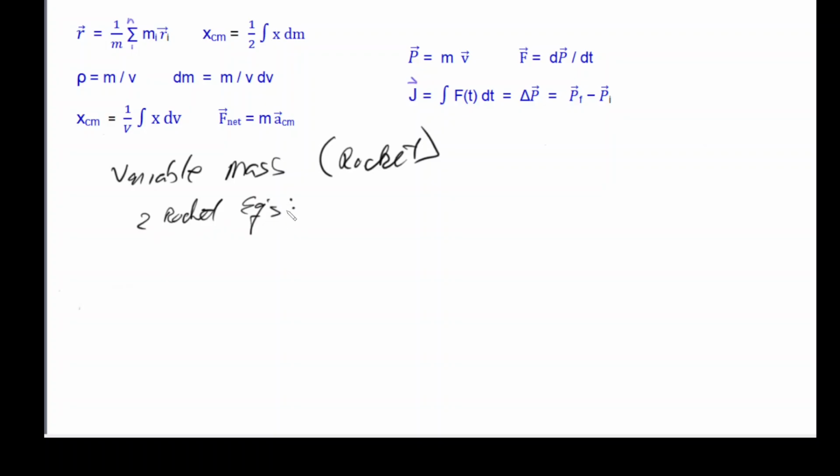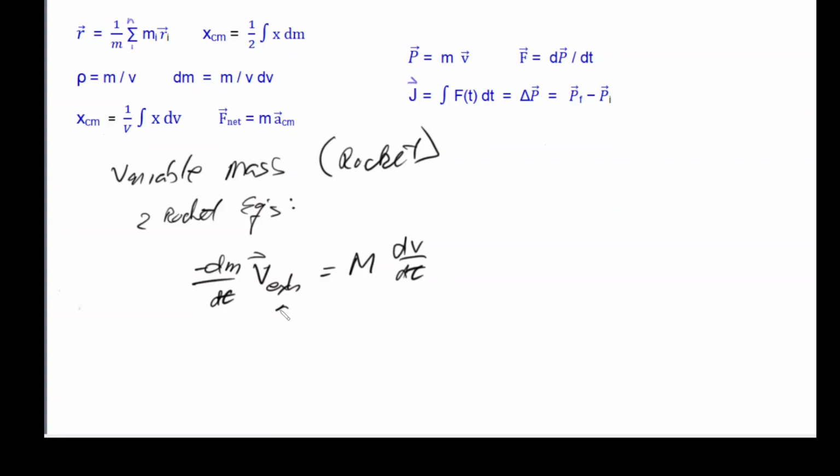Okay, now if you go through the derivations in your book, you'll find an equation: minus dm/dt times v, the velocity of the exhaust, is equal to the mass of the rocket times dv/dt of the rocket.